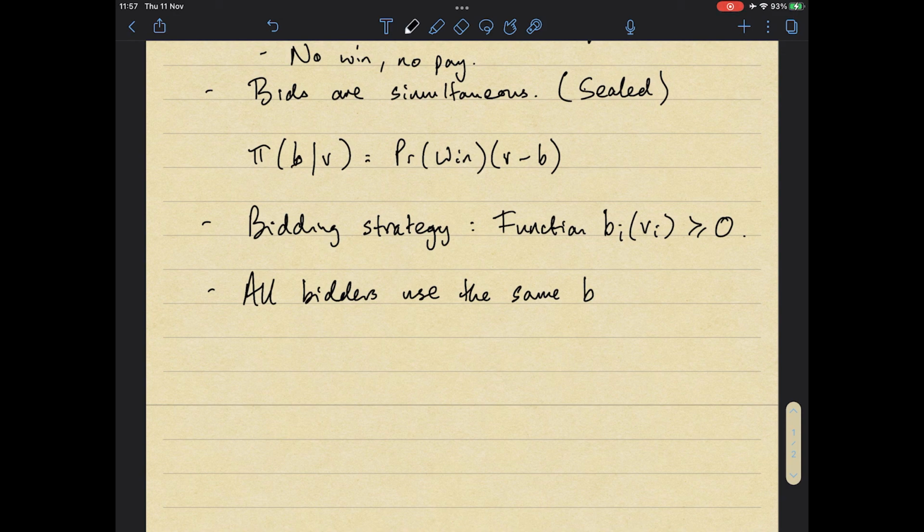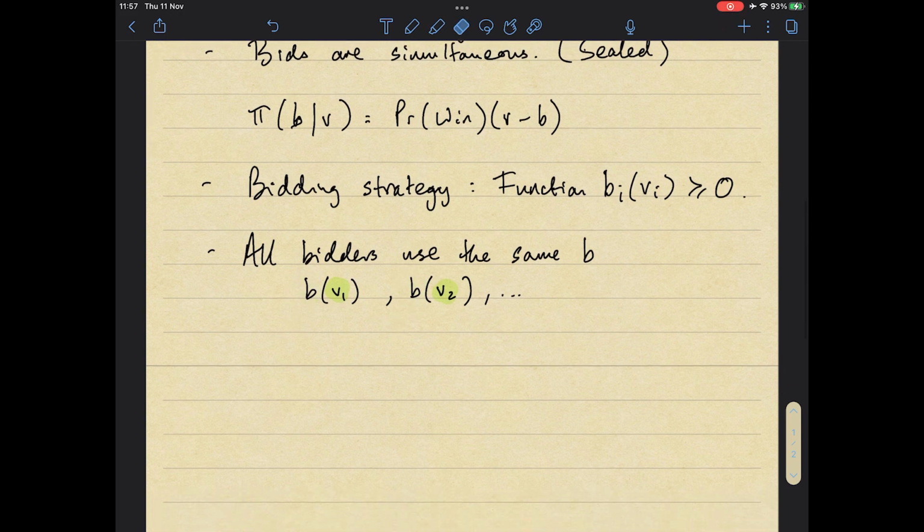Okay, but if I'm player 1, I submit bid B of V1, and player 2 will submit a bid B of V2, and so on. So we have different values, and so we're possibly submitting different bids, but this B function is the same. We're going to take that as the same for everybody. Okay?